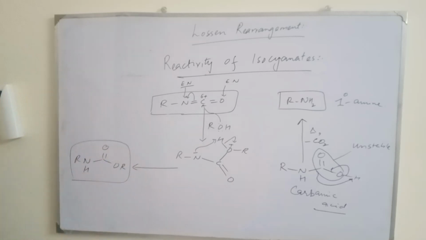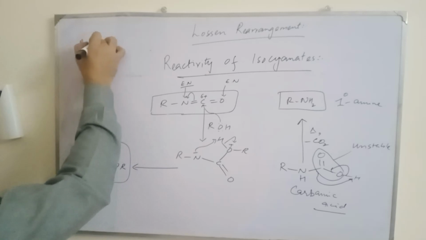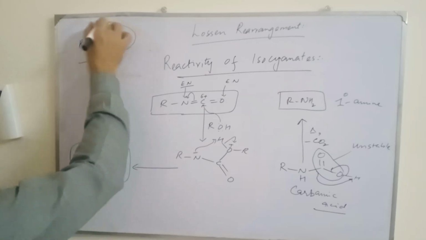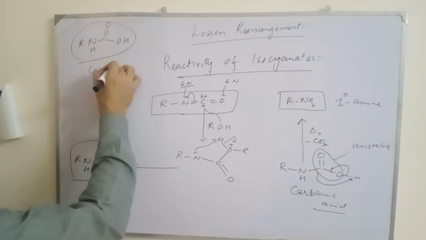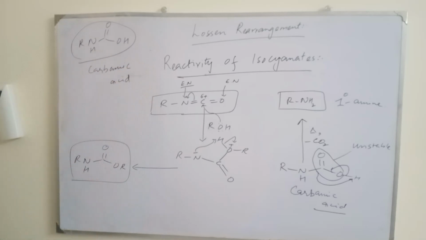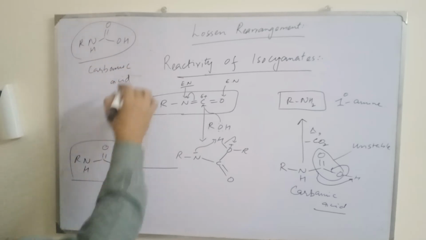Earlier we saw that RNHCOOH is called carbonic acid, and this is analogous to a carboxylic acid.